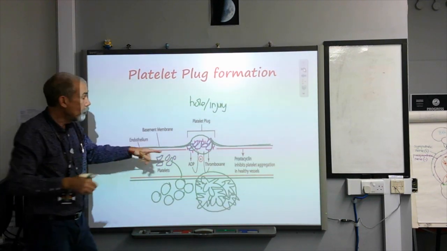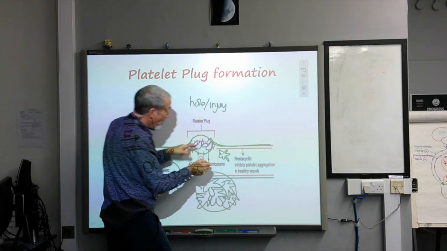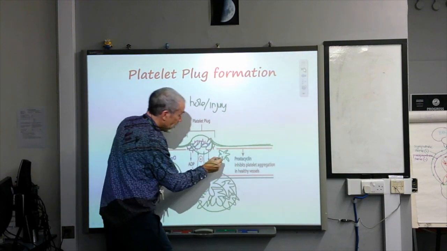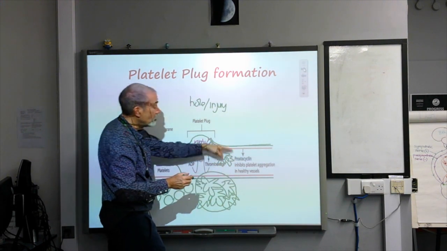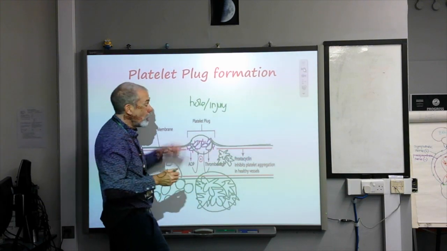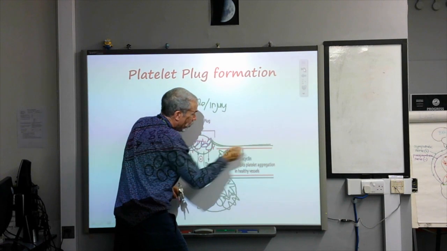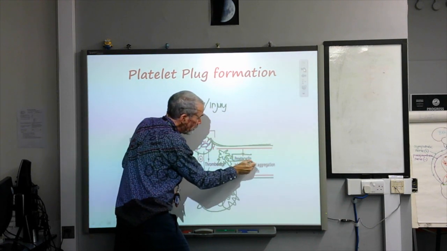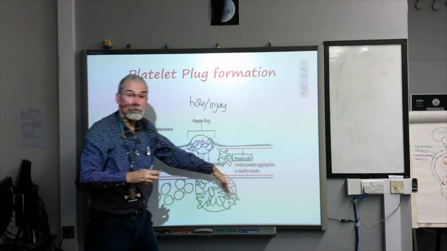Now, the last thing that we want is for one of these to be floating off past the site of the injury, or even more than one, because these could potentially block this blood vessel lower down. So all the healthy cells in this layer of your blood vessel secrete this thing called prostacyclin, and they release it into the bloodstream.